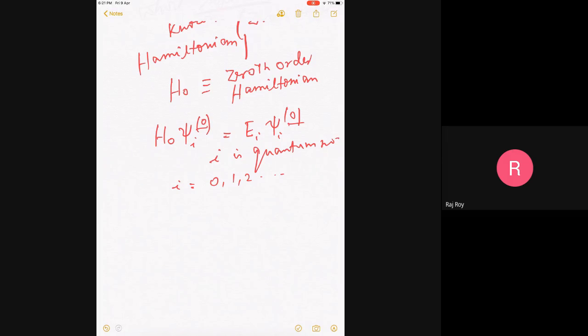So to make this consistent, let us also write E_I^0. So E_I^0 and psi_I^0 are the eigenvalues and eigenfunctions of H naught. I merely denote there are various eigenfunctions and eigenvalues, and they are the quantum numbers. So of course it is 0, 1, 2, 3, etc. Is this clear? The symbol, if anybody has a problem, let me know, right?